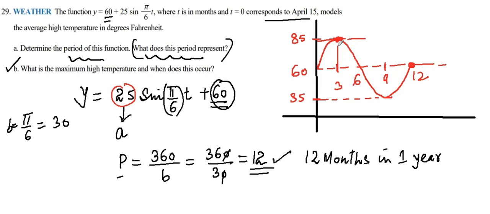It will occur after 3 months. What are the coordinates of this point? (3, 85). So in the third month the temperature is 85 degrees. And what about this point? This is the minimum. After 9 months the temperature is 35. So the minimum is (9, 35). So this is the maximum and minimum. So this is question number 29.